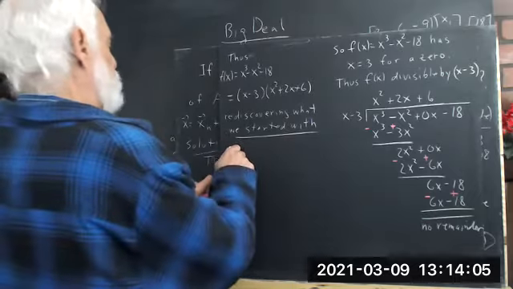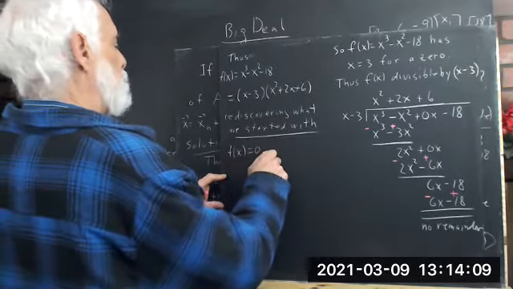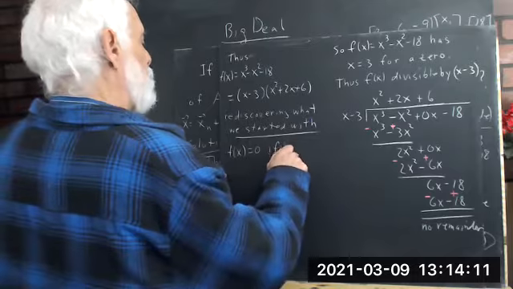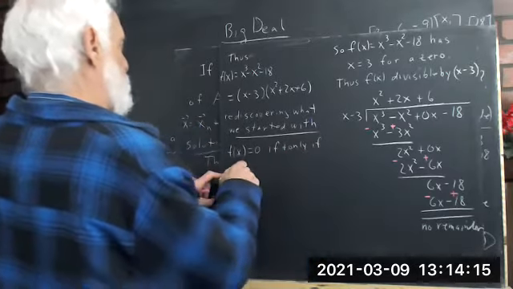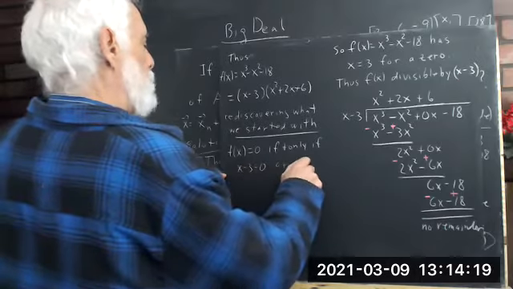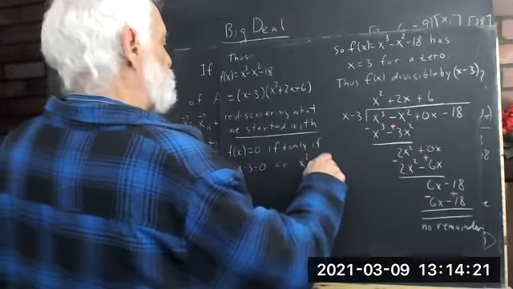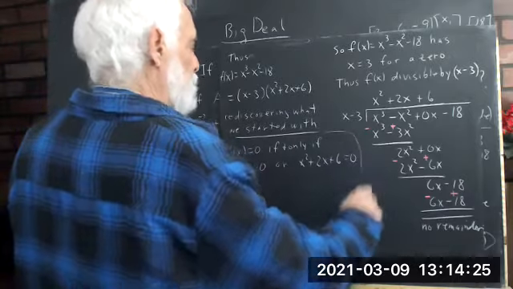So f of x equals 0 if and only if x minus 3 equals 0, or x squared plus 2x plus 6 equals 0.